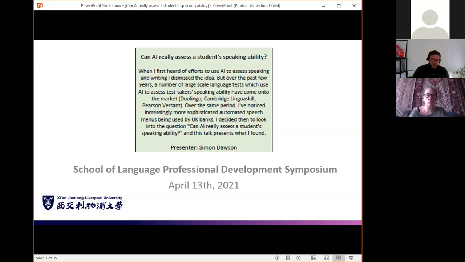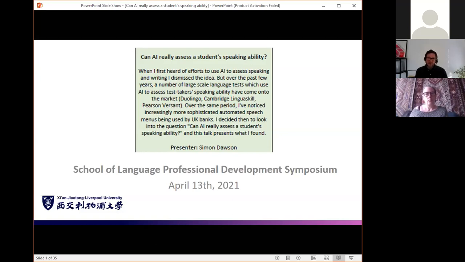I noticed that they include elements of automated scoring of writing and speech, and that took me back. I had to look into whether this was actually viable, feasible, and whether we could trust that kind of system for our students.